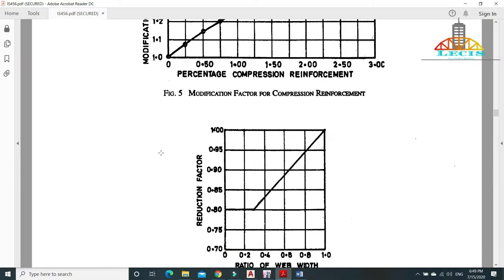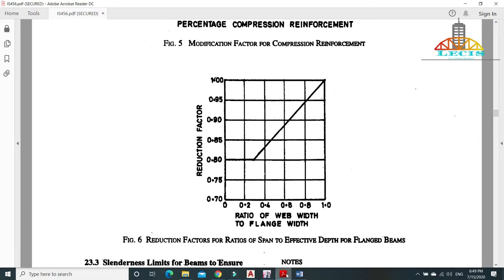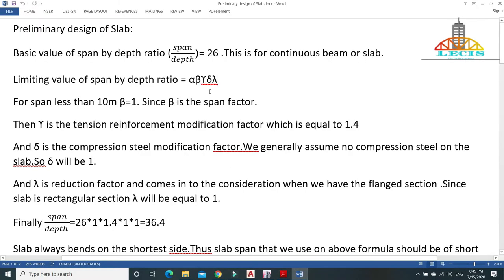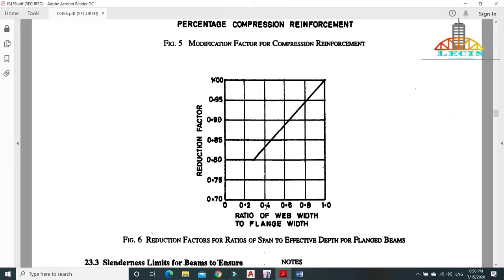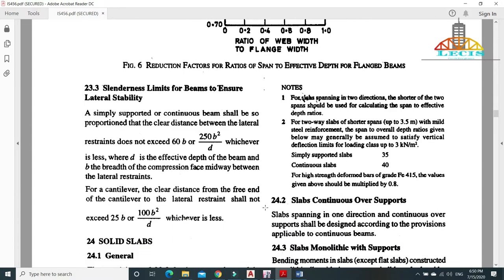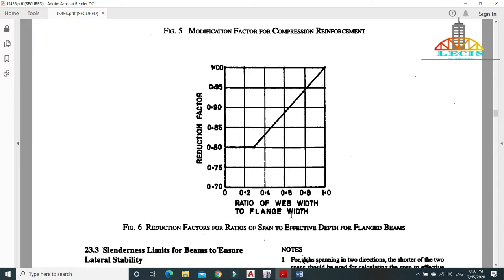And another factor is this lambda. So this lambda is the reduction factor that considers whether the section is flanged or rectangular. If you see the IS code at page number 39, depending upon the ratio of web width to the flange width, the reduction factor is found out.